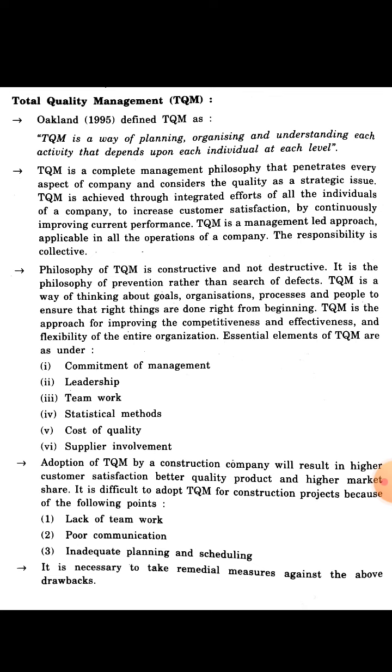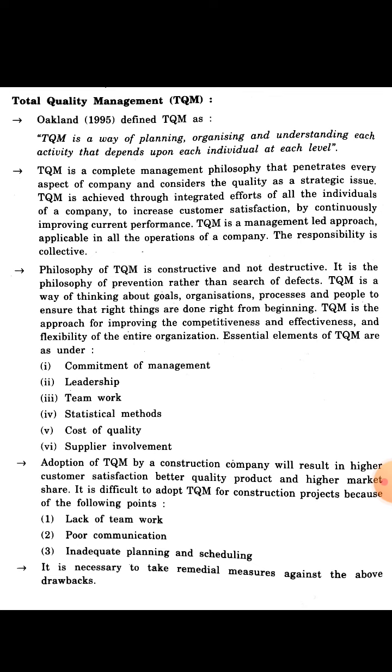TQM is a complete management philosophy that penetrates every aspect of a company and considers quality as a strategic issue. TQM is achieved through the integrated effort of all the individuals of the company to increase customer satisfaction. So the philosophy of TQM is constructive and not destructive.